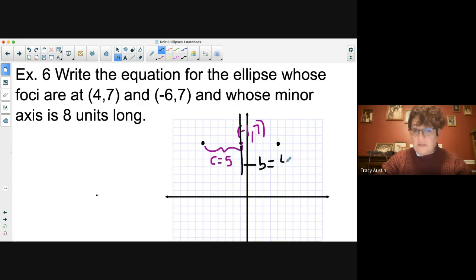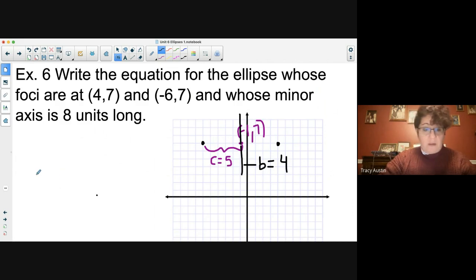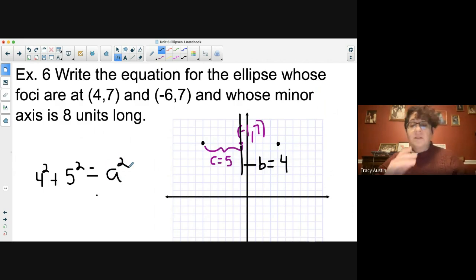So here is where the other equation comes in, where you solve for a using this information. a squared is b squared plus c squared. So 4 squared plus 5 squared is going to give me a squared. I told y'all a couple of times about this on the parabolas, when you were solving for what p was, you didn't actually have to divide it all the way out if all you're doing is writing the equation.